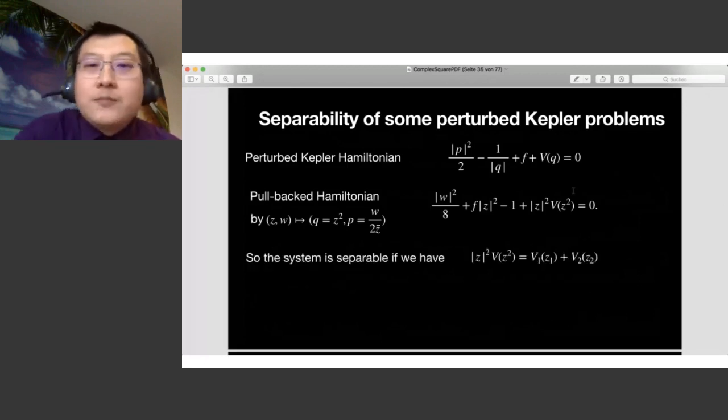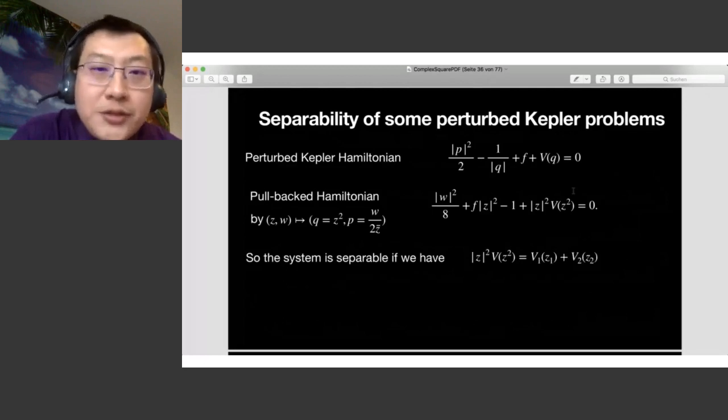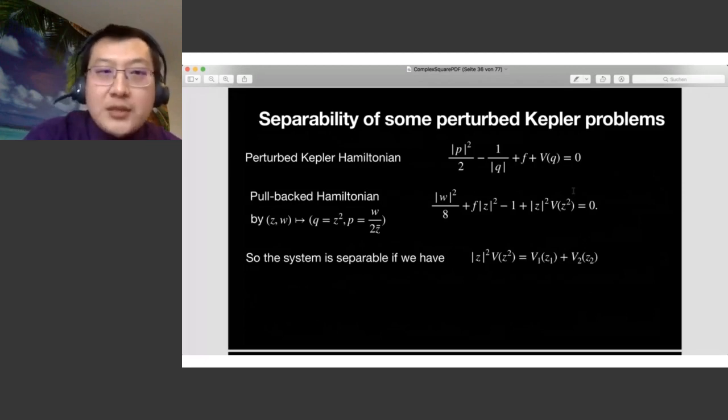And now the remark is very simple. We see that the first part, when V is 0, is just a pair of isotropic harmonic oscillators which separates in the w variable. Therefore, this system will be separable as long as this perturbation term is the sum of two functions depending solely on z1 and z2 respectively.